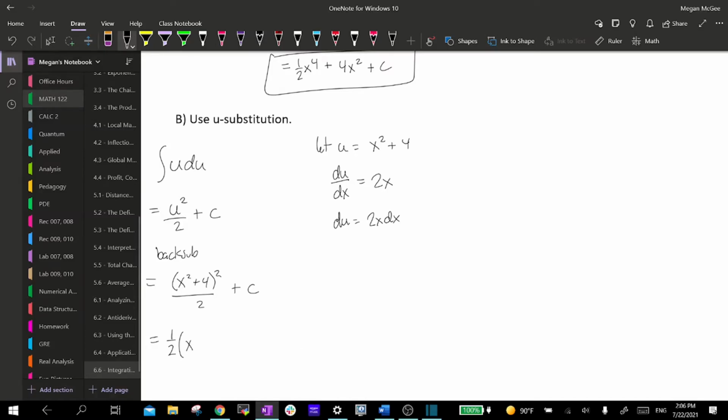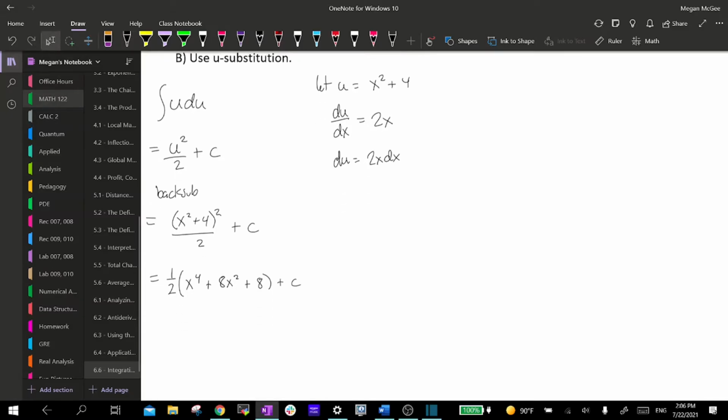We will end up with x to the 4th plus 8x squared plus 8, plus our constant c. And then if we multiply through by our 1/2, we end up with 1/2 x to the 4th plus 4x squared plus 4 plus c.